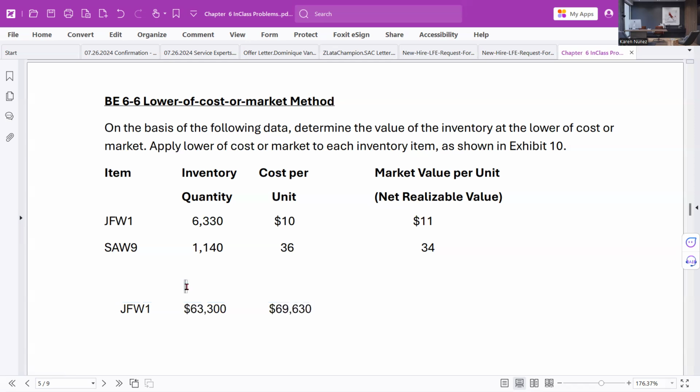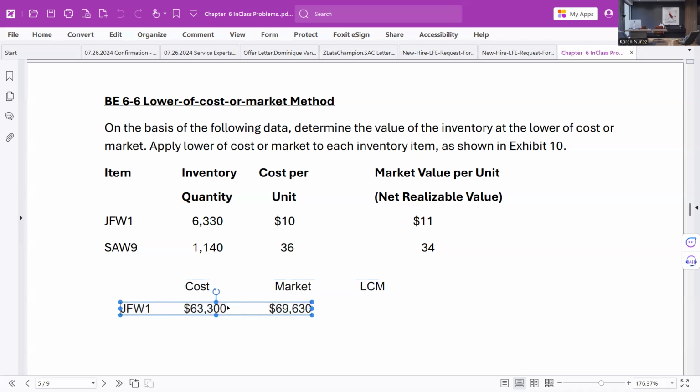So the total cost and market, and then LCM. So again, where'd the 63,300 come from? 6,330 times 10. That's where that's coming from. Okay, where's the 69,630 coming from? Well, it's 6,330 times 11.